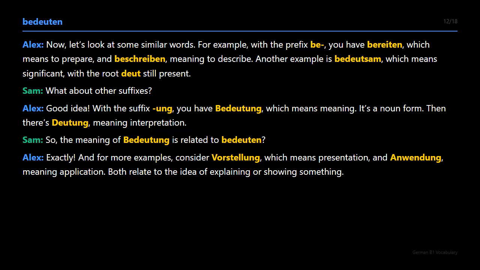So, the meaning of Bedeutung is related to bedeuten. Exactly. And for more examples, consider Vorstellung, which means presentation, and Anwendung, meaning application. Both relate to the idea of explaining or showing something.